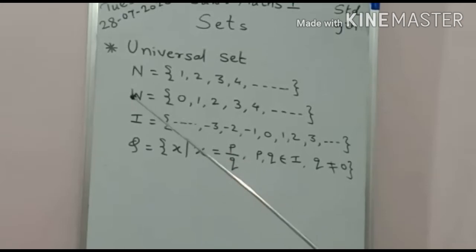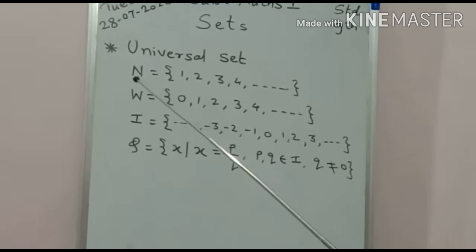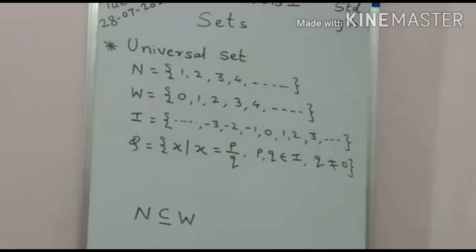As you compare these two, N and W, what are we getting? All elements of natural numbers are in whole numbers. What does it mean? N is a subset of W, and we can write it like this.